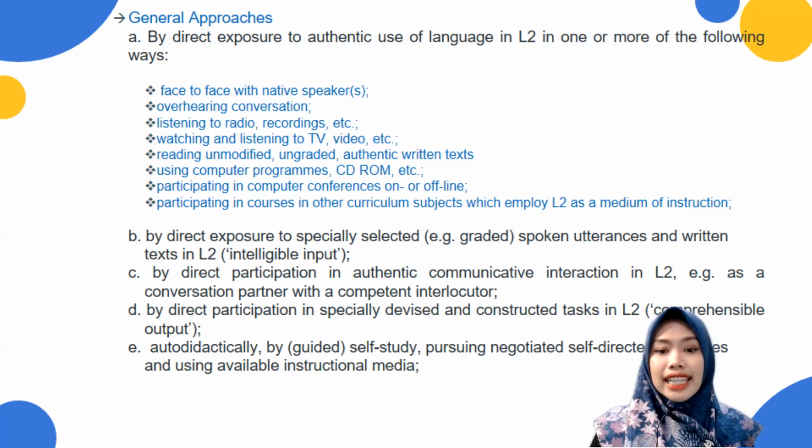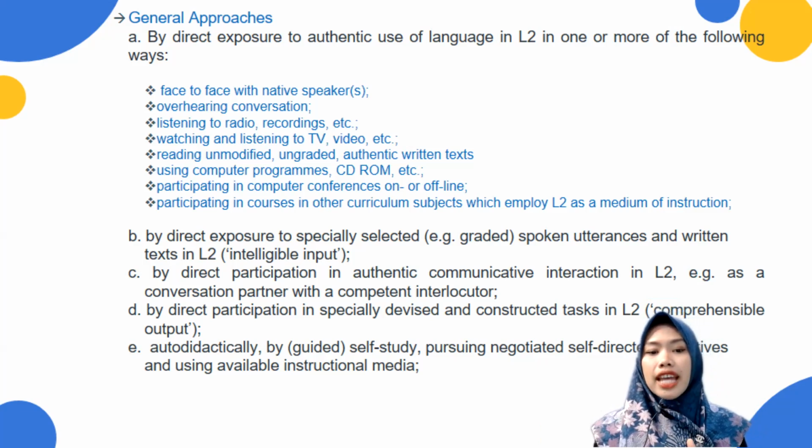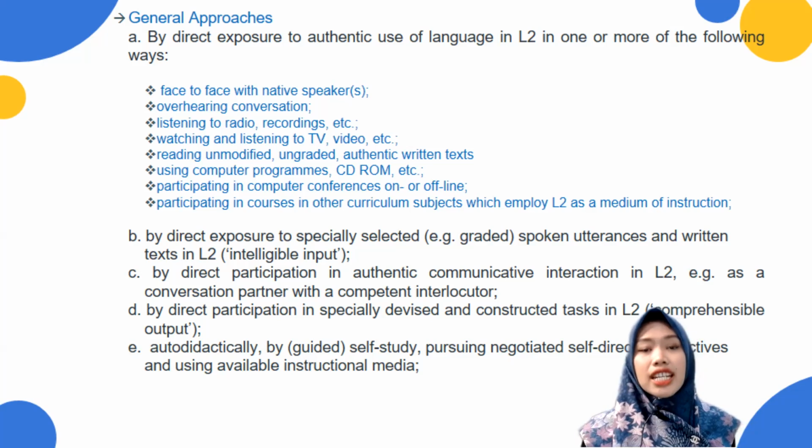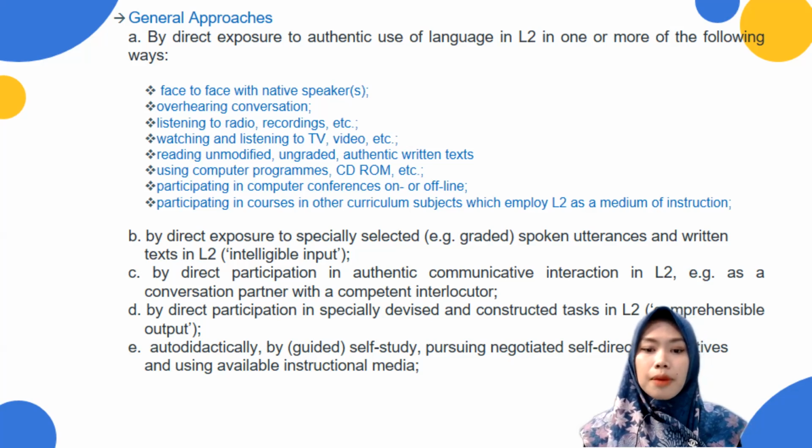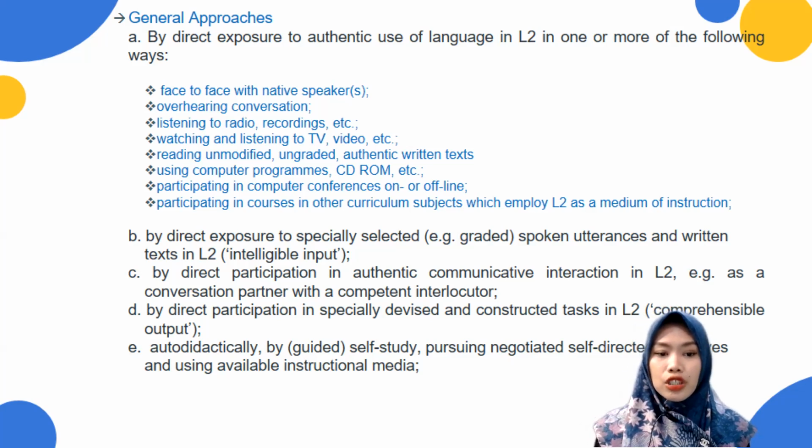By direct exposure to specially selected spoken utterances and written text in the second language. And then the third is by direct participation in authentic communicative interaction in the second language, for example, as a conversation partner with a competent interlocutor.